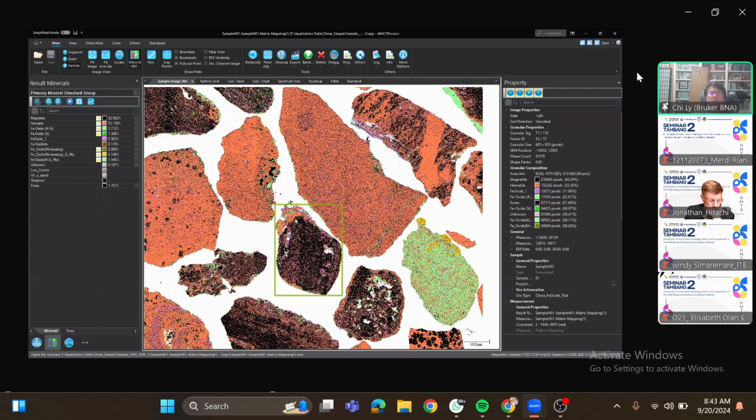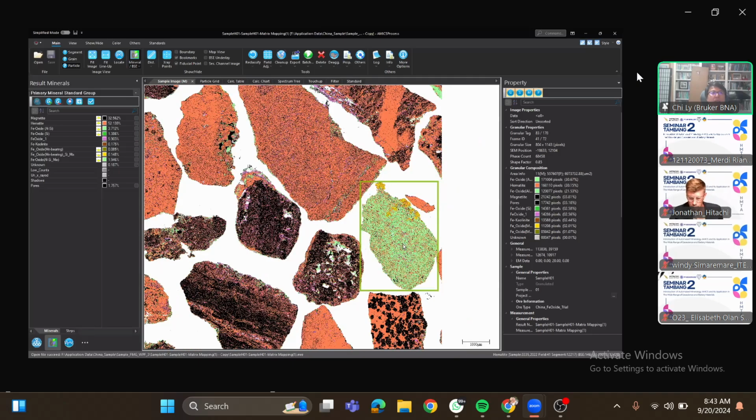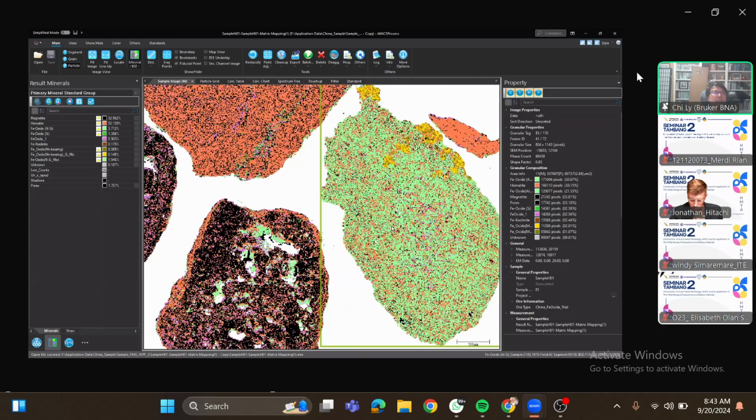And now we have a better understanding, not just visually on the BSE what it is, but chemically, we've been able to separate out three main phases in terms of hematite, magnetite, and goethite. So this is basically a mixed ore that the client was looking at, and we can see that it contains iron oxide goethite, it contains here hematite, and it contains here magnetite.